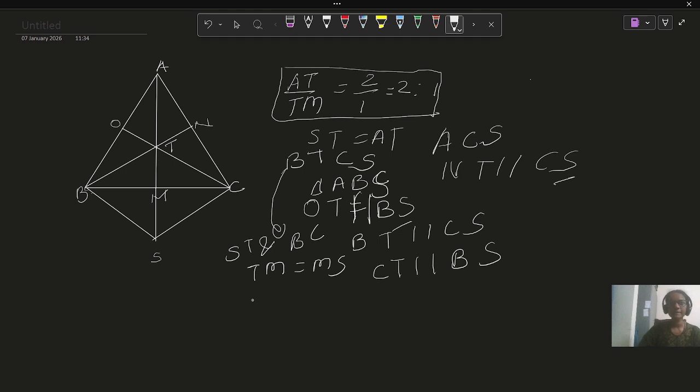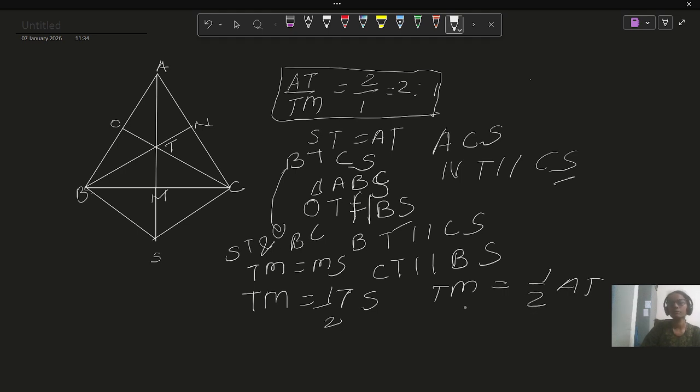We have to find the relation between AT and TM. So if TM is equal to MS, then TM is equal to half of TS. And we have drawn TS equal to AT. It means TM will also be equal to half of AT.